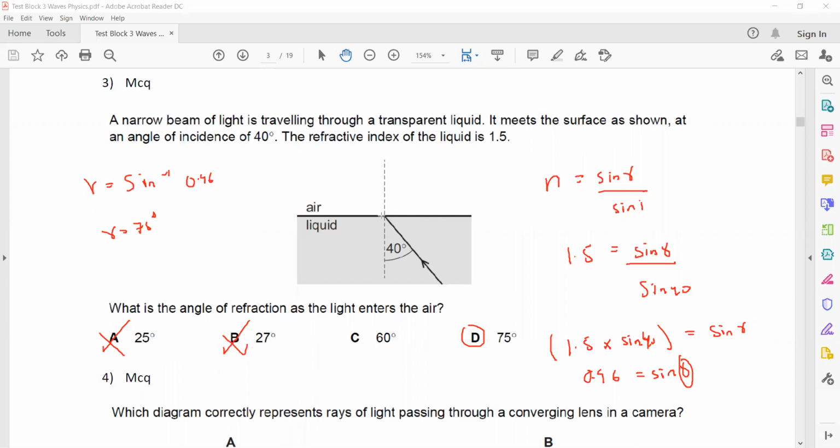Because if A and B were the answer, then it should bend towards the normal, which is practically wrong. When light travels from denser medium to rarer medium, it will bend away from the normal. So either C or D can be the answer, and using the values you can work out the correct answer.